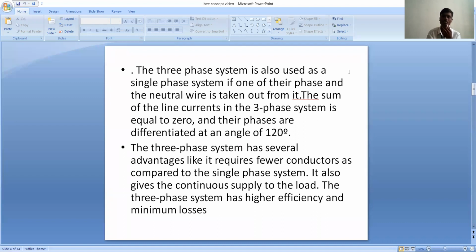In transformers, we have many losses like copper losses, iron losses, eddy current losses, etc. Nowadays, we need a continuous supply to houses, theaters, cinemas, and shopping malls. Everywhere electricity is a must. So the three-phase system provides non-stop supply and higher efficiency.